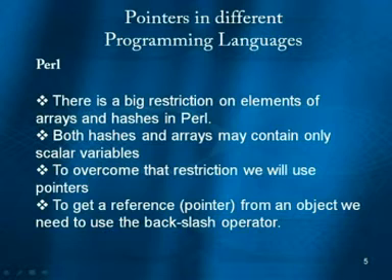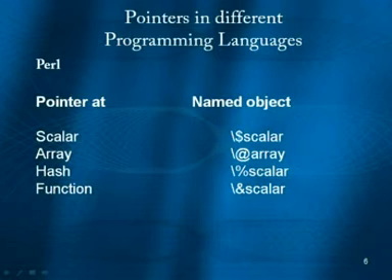A backslash operator is used to get a reference from an object. And this example clearly depicts what I previously mentioned. And here are the examples where we have used the backslash operator for that purpose.